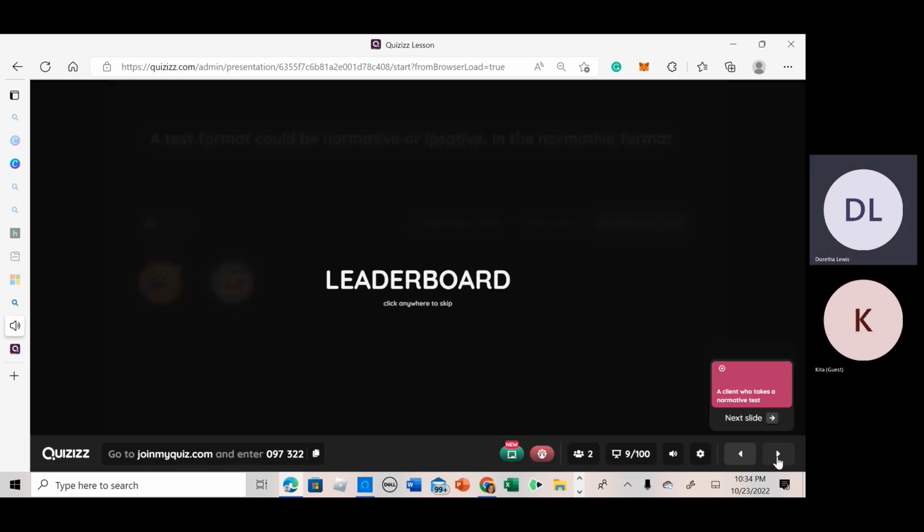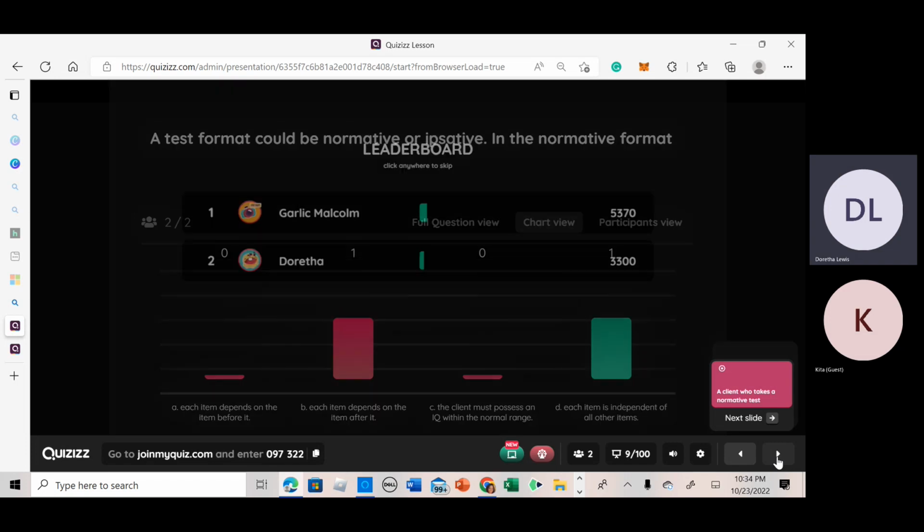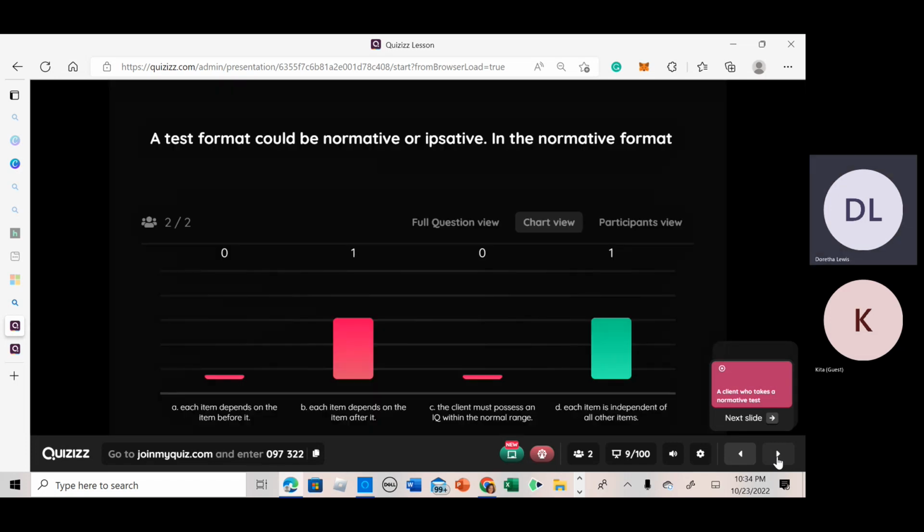A test format could be normative or ipsative. In the normative format, choice D, each item is independent of all other items.